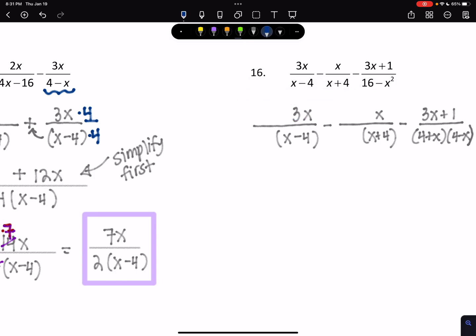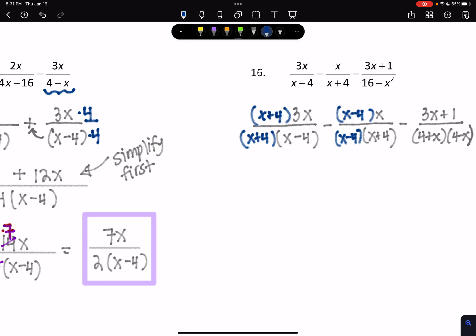Okay, if you tried it and you've pressed play and you're back, hopefully you said, okay, I need an x plus 4 and an x plus 4, because that's what the second fraction has. And the second fraction is going to need an x minus 4. So we'll have x minus 4 over x minus 4.